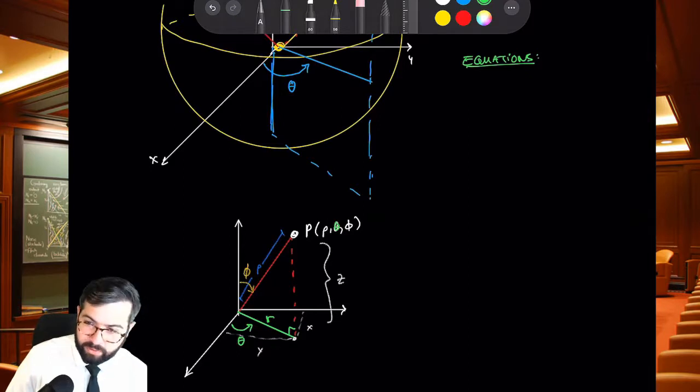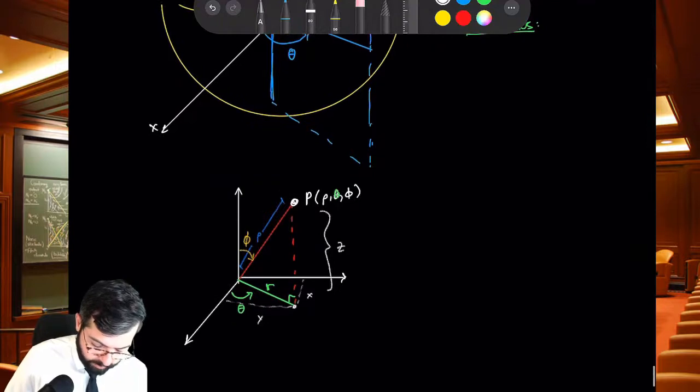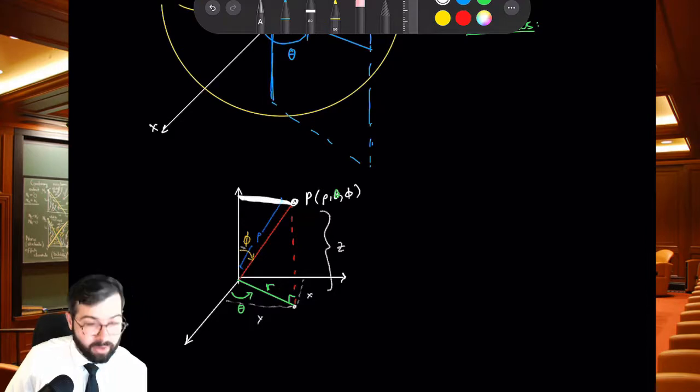Since r is this guy here, if you think about it in this way, for phi up here, the sine of phi is this length here, right?